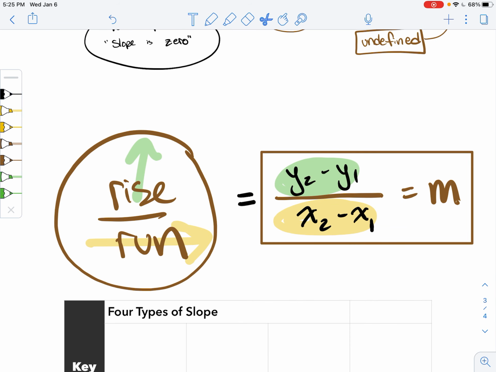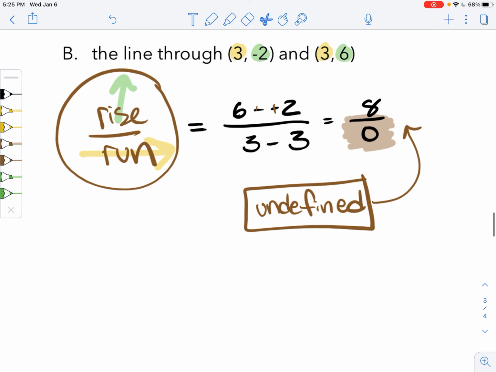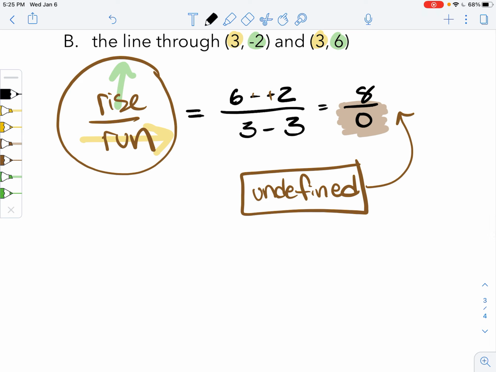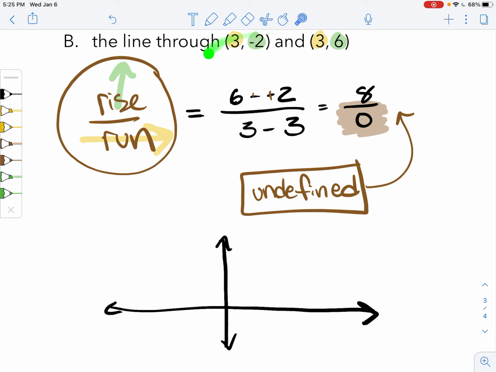And just for funsies, let's do these pictures backwards. So we had just talked about undefined. What does that mean for our graph? If we were to do an excellent, amazing graph, and we were to plot these points, we go over 3 down 2.